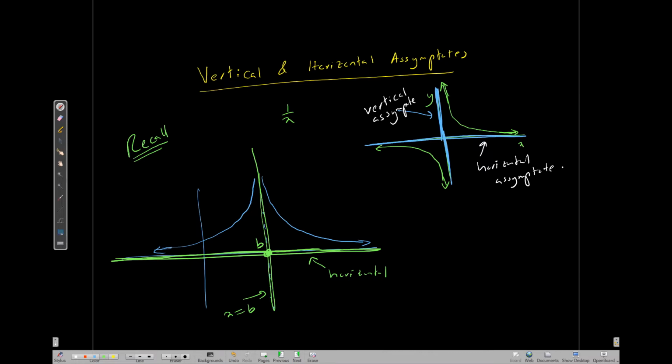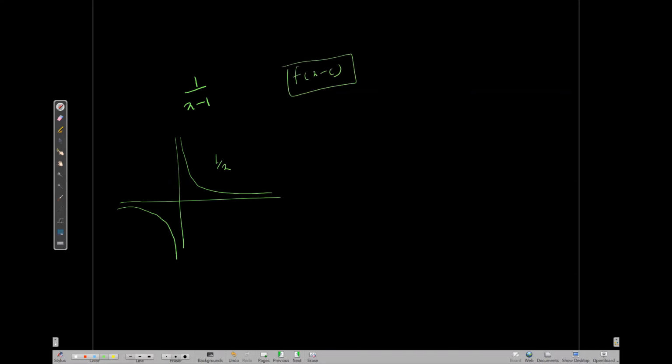Now as I said, these occur in rational functions. Now let's see more examples. Let's see something that you can draw. How about 1 over x minus 1? So we know this is the graph of 1 over x, and 1 over x minus 1 is a transformation, f of x minus c. We did these things.